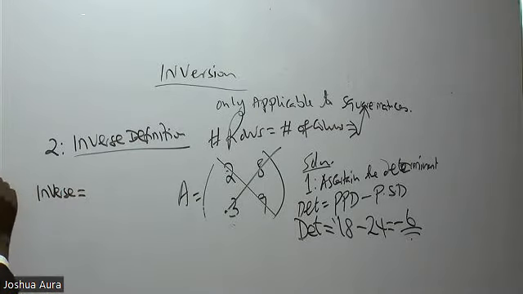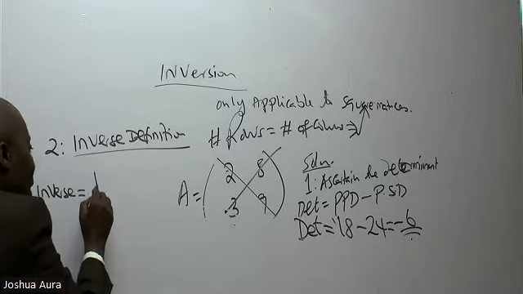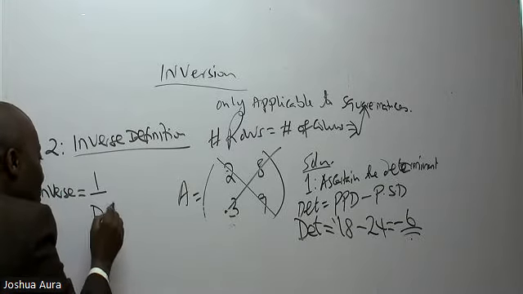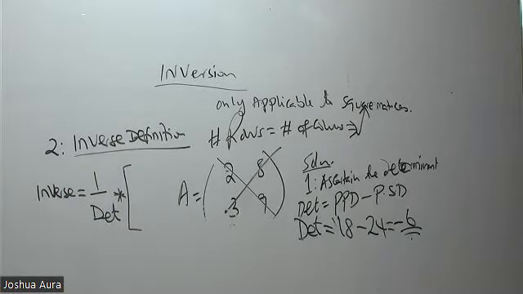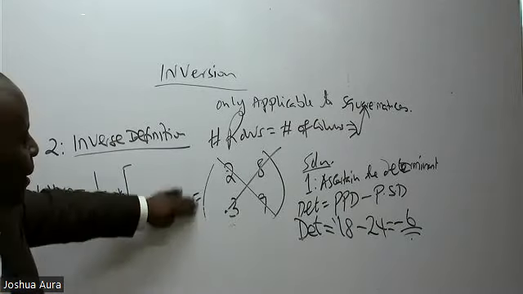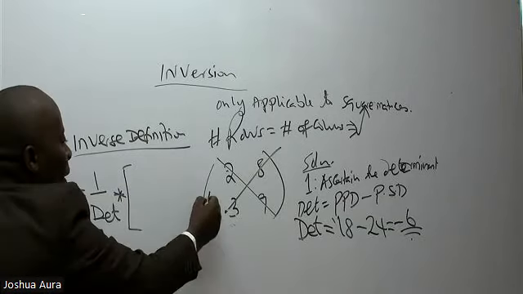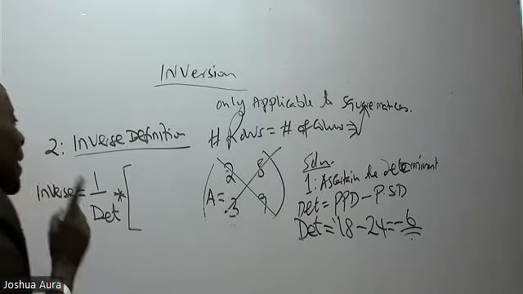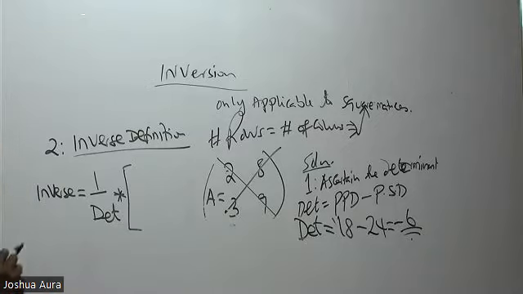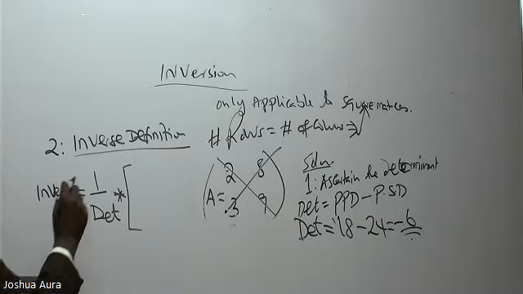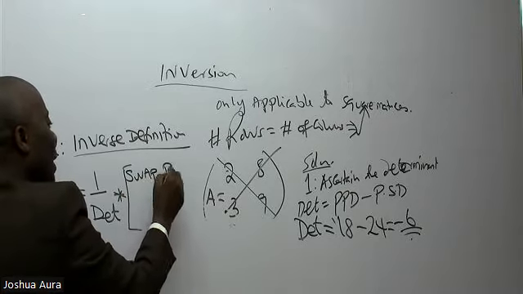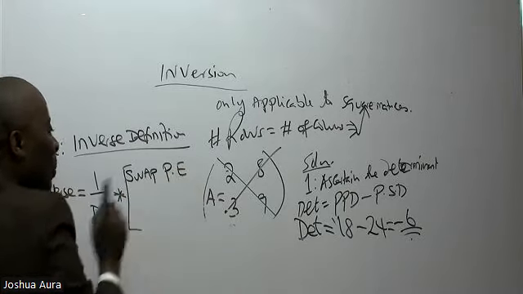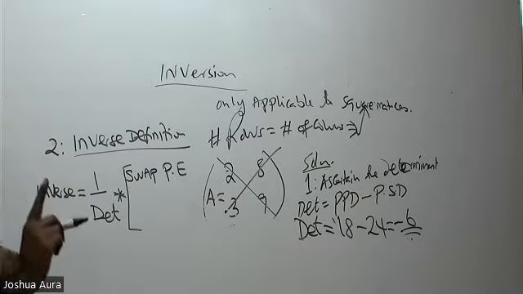And how do we define our universe, my friends? To get my universe, I will take 1 over the determinant times, inside here, I will do 2 things. Number 1, I will swap the primary elements, you swap their positions.